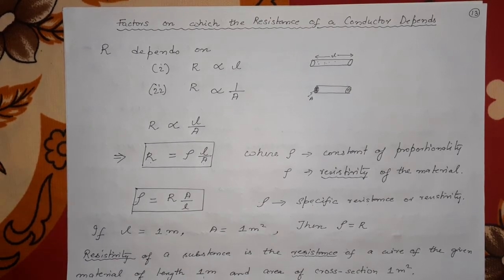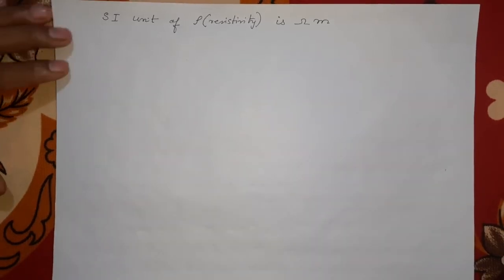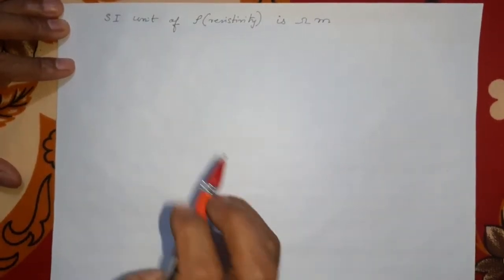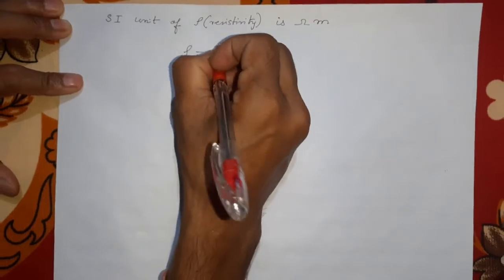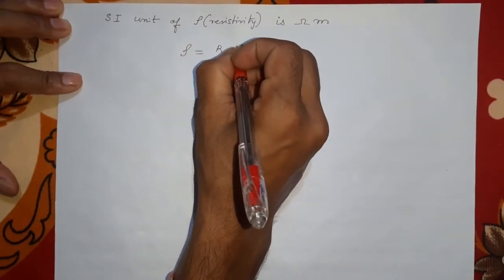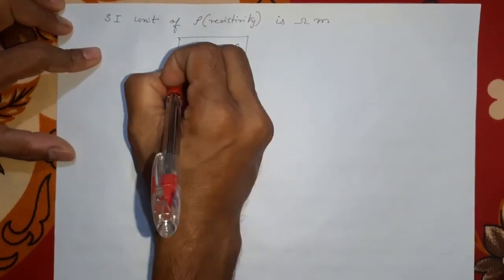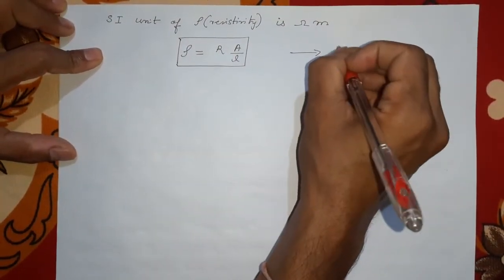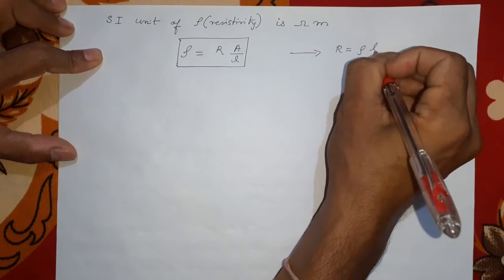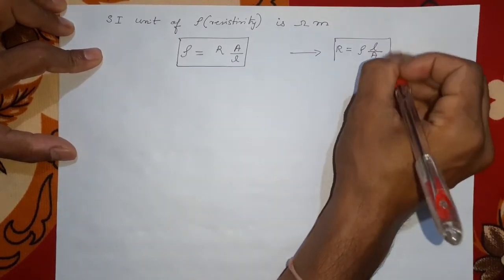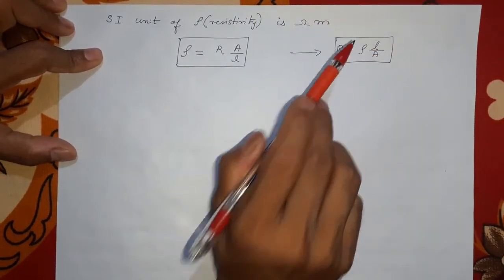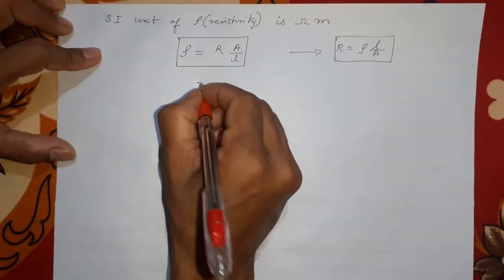Simple. Let's move on. Now look here, the SI unit of resistivity is ohm meter. How is it? Because the formula is R A by L. Remember, this was the formula. Why is this so? Because R was equal to rho L by A. We already did this. Now let us write their units.